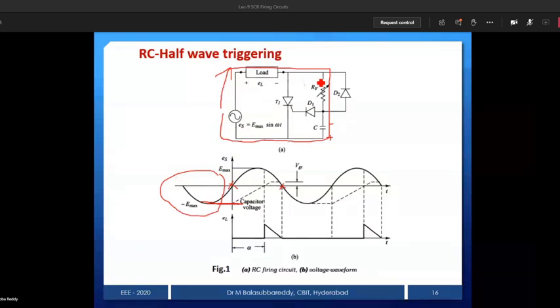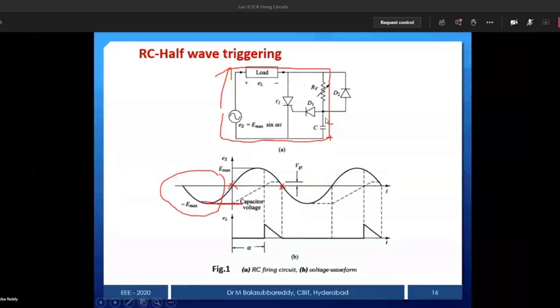So now we see that the capacitor already has minus.